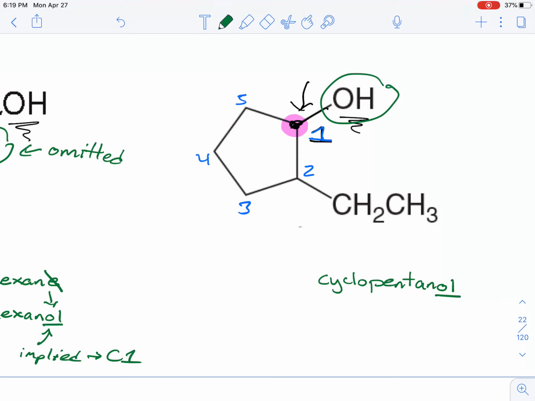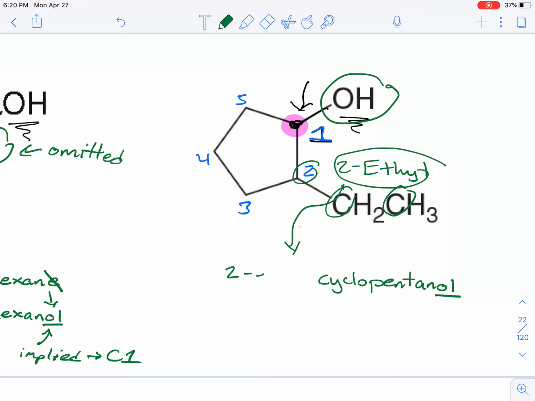And so overall, it looks like I have a 2-carbon substituent. So that's ethyl on carbon 2. So I'm going to put in 2-ethyl. I'm just going to attach that to the very front of the parent name. So I have 2-ethylcyclopentanol.